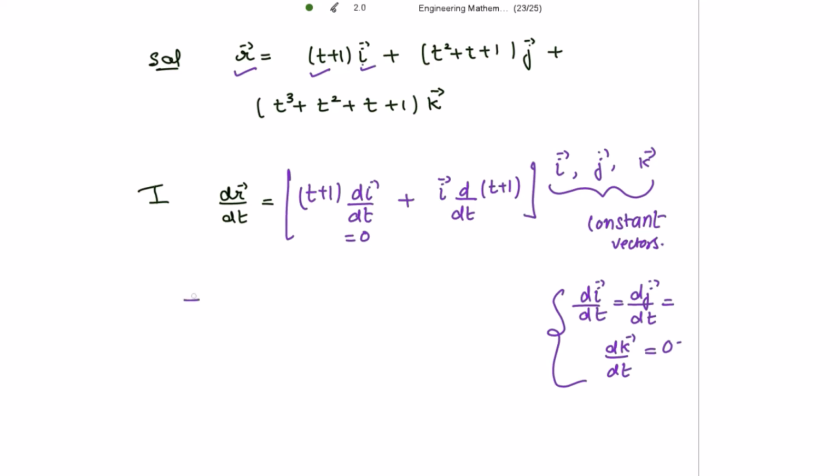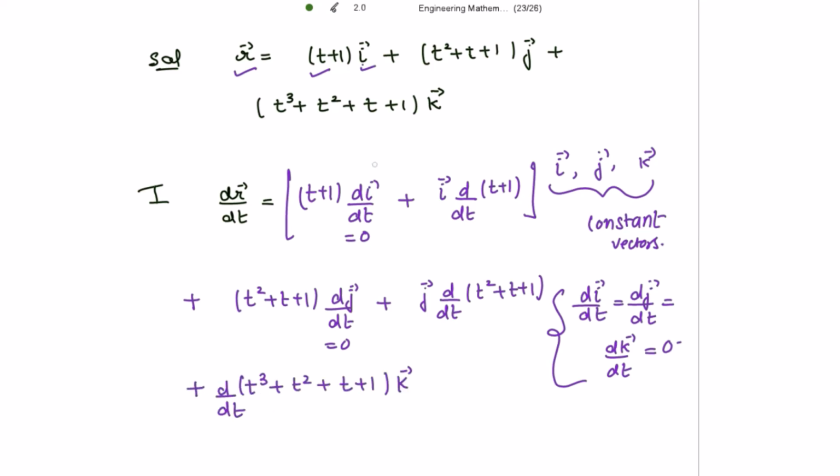Similarly for the second term, writing t² plus t plus 1, and the derivative of the j vector with respect to t is again 0, plus the vector j and derivating t² plus t plus 1 with respect to t. Similarly for the third one, this term is 0, this term is 0, and we simply derivate this now.